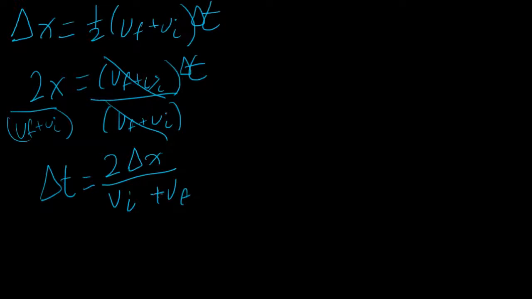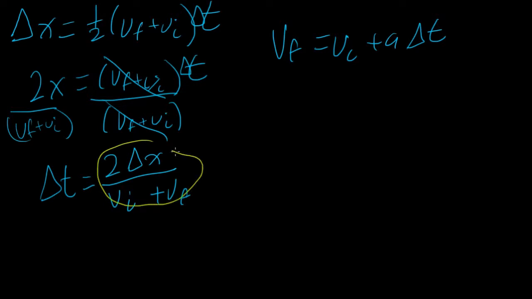Well, we can take that and plug it into this equation, vf equals vi plus a delta t. We can plug this in for delta t. So let's do that.